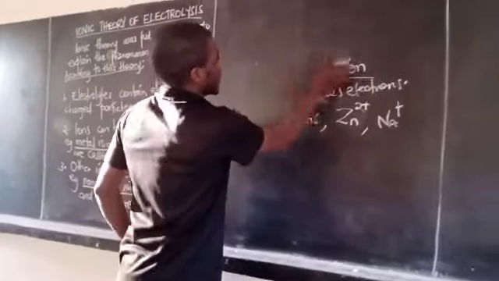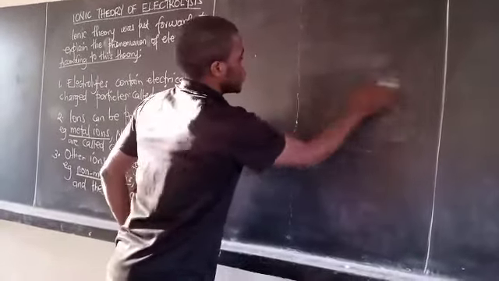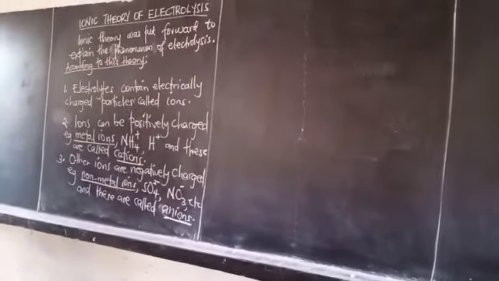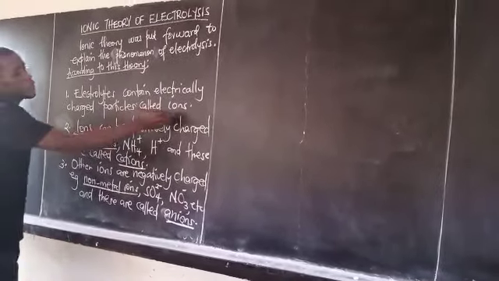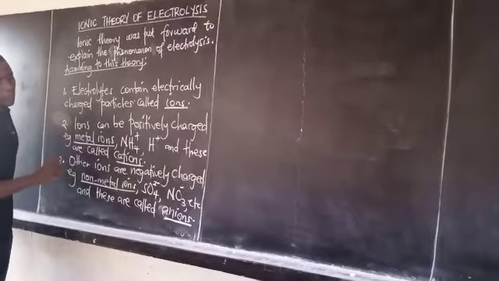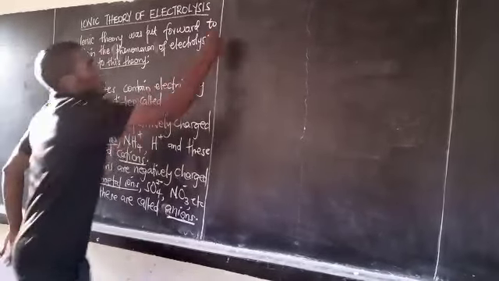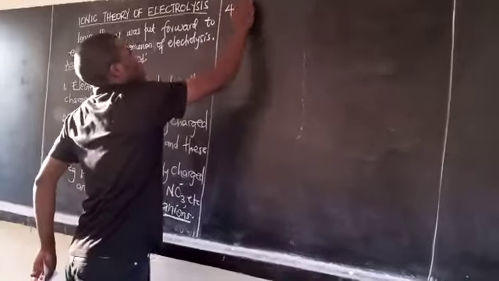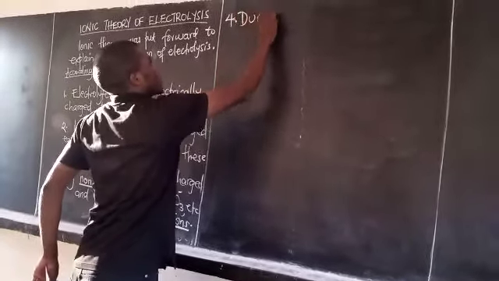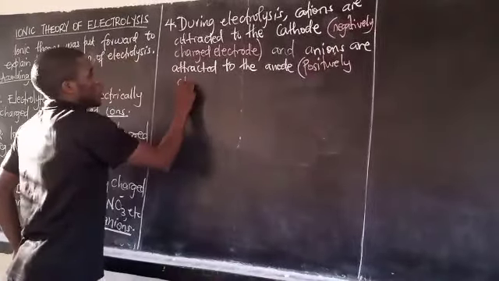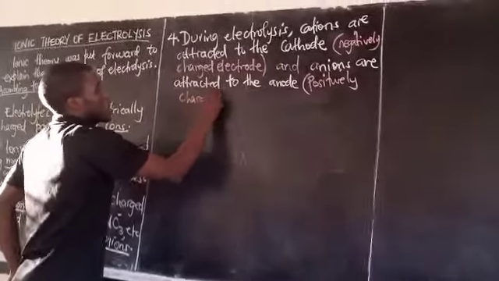During electrolysis, this is what happens. You have an electrolyte which has positively charged and negatively charged ions. During electrolysis, there is a positively charged electrode.